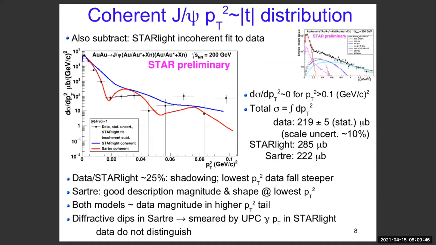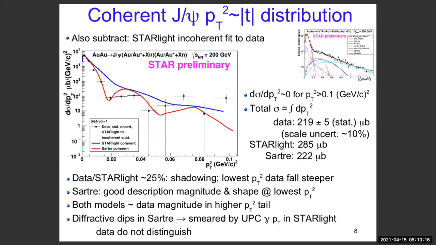And this could be simply due to the inadequate model of gluon shadowing in Starlight. Also, the peak is steeper than in Starlight. Sartre, as you see, gives a fairly good description, especially of the whole central peak, the shape and magnitude. Both models get the magnitude at higher PT approximately right. You'll also notice these diffractive dips in Sartre.